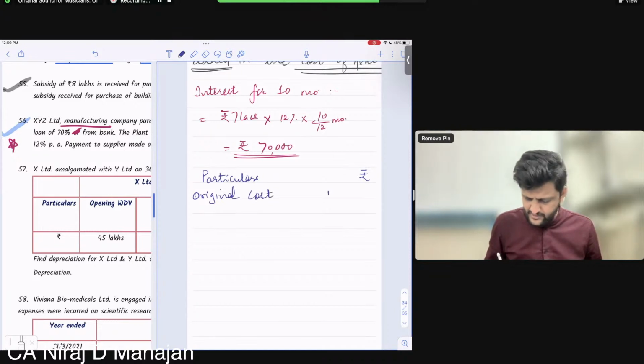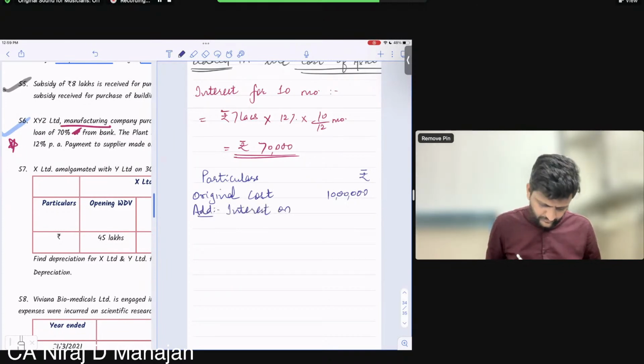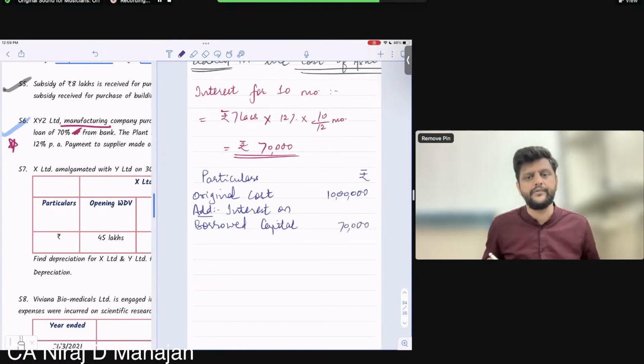Original cost 10 lakhs. Add interest on borrowed capital, 70,000.